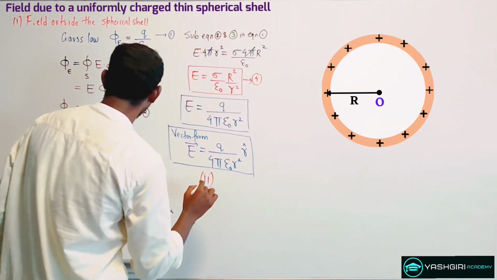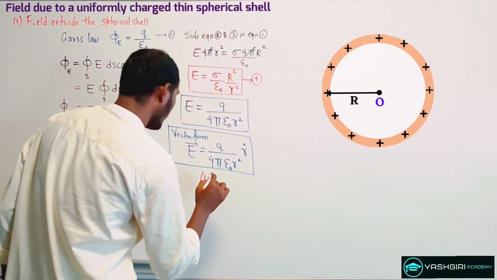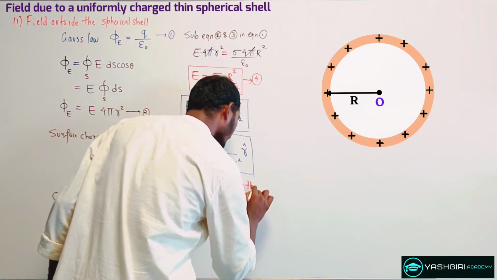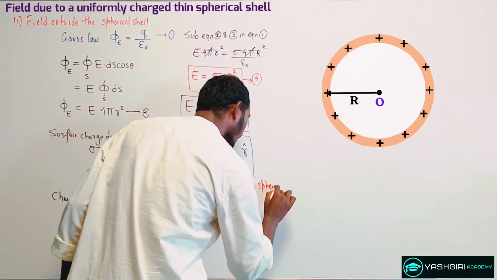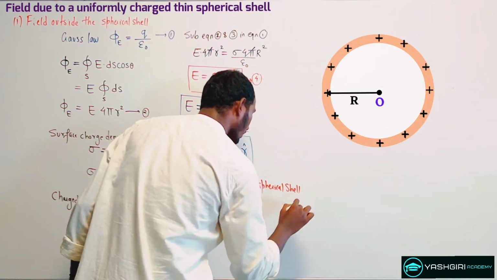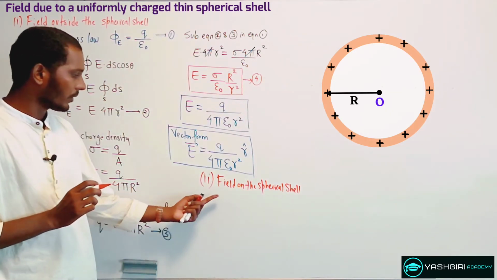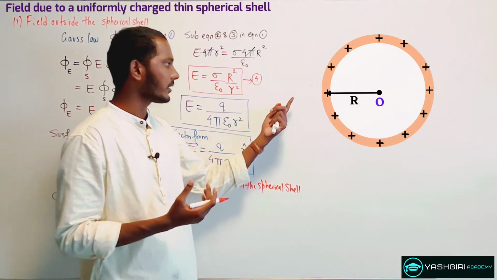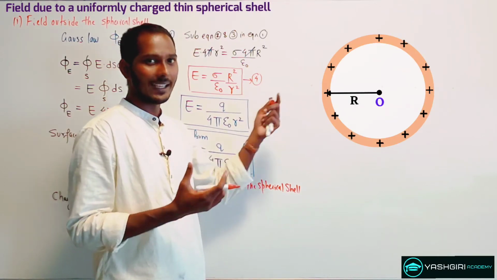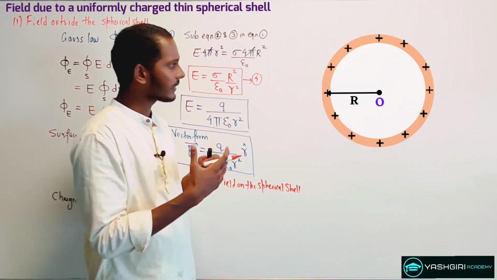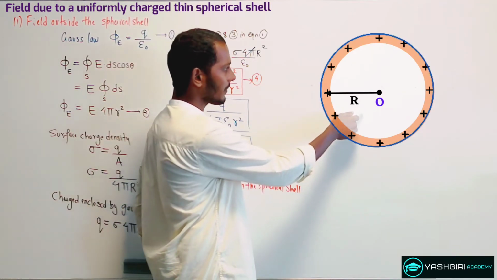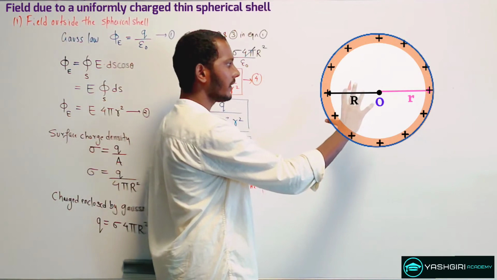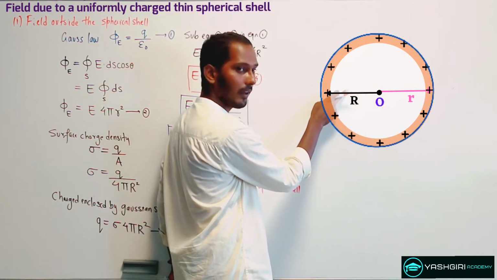Let's see the second case, when the field is on the spherical shell. Okay, so here what I can do is consider this Gaussian surface to be exactly of the same radius as the thin spherical shell, or else approximately close to that. You see that the Gaussian surface is enclosing this spherical shell.